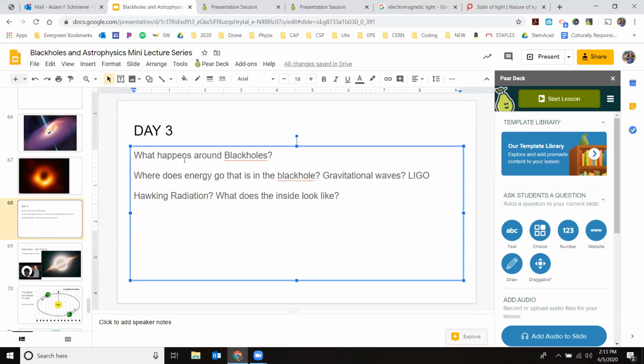What does the inside look like? It's not dark because there's light in there. But that's the thing. Now you have so much warping of space and so much energy, right? I mean, just imagine what it'd be like to have so much gravity, so much energy crushing you.